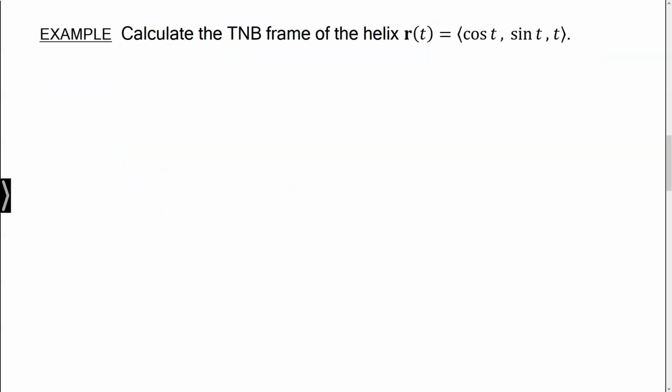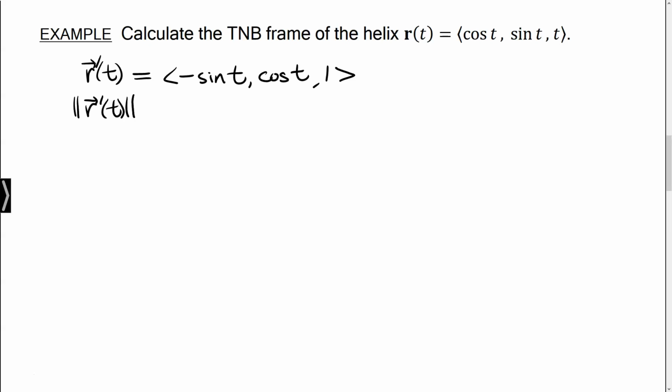Okay, so the first thing we need to do here is calculate the unit tangent. We'll do that by first calculating the derivative, which in this case is minus sine, cosine, 1. Then we need to take the length of this. So square root of sine squared plus cosine squared plus 1.